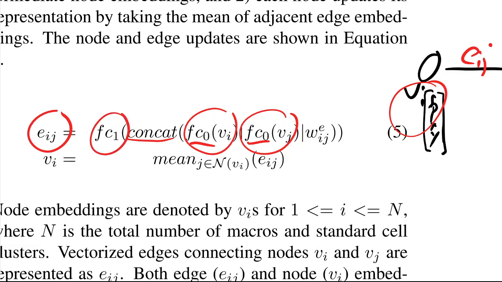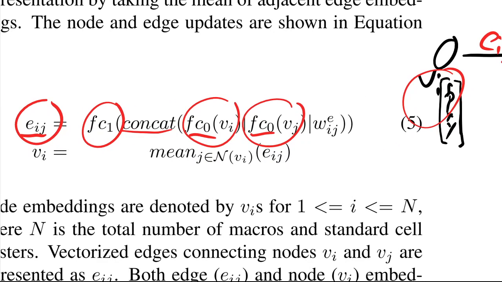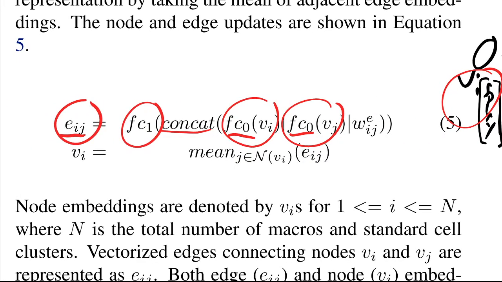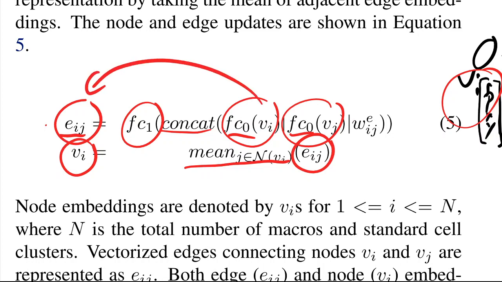And that's how you get embeddings for edges. And then you update the embeddings for the nodes again by taking the mean embeddings of the edges. So you do this in an iterative fashion. First, you compute the edges from the nodes, and then you compute the nodes from the edges, and so on.